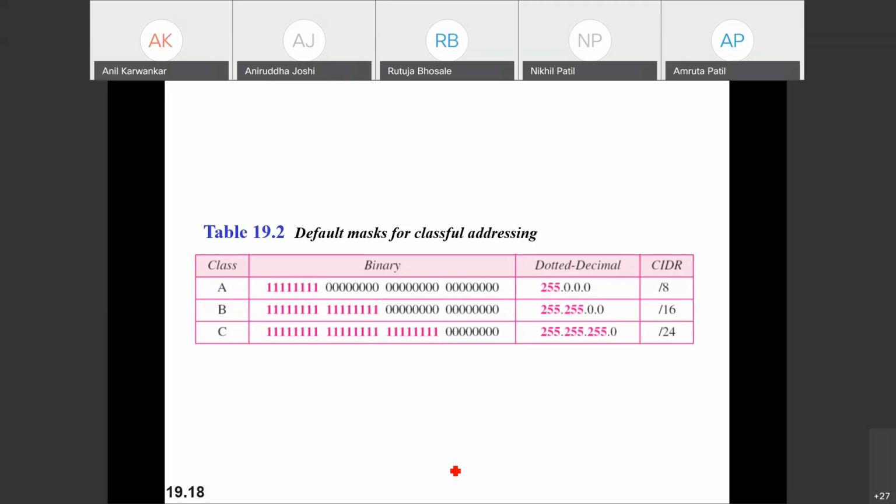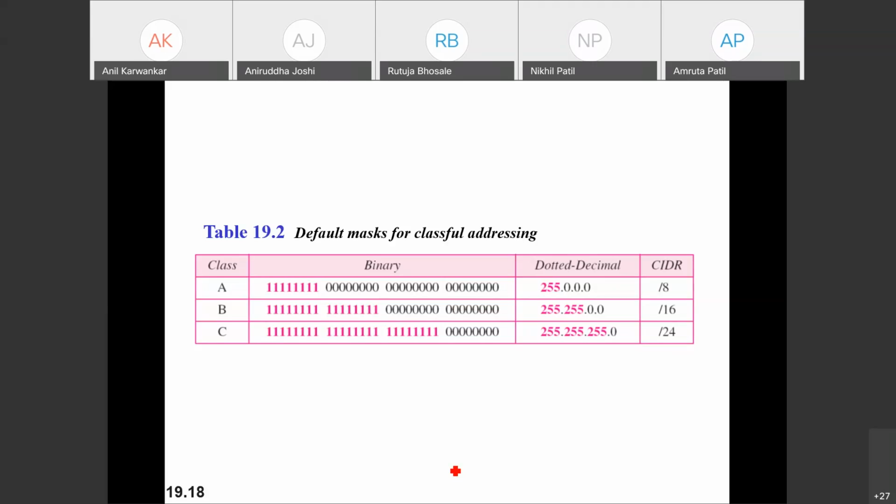Another example I will give you in class C only. Say it's 192.168.100.0. So the first 3 bytes, 192.168.100, will represent the network ID, net ID, and only the last byte, whose dotted decimal representation varies from 0 to 254, will be the host ID.